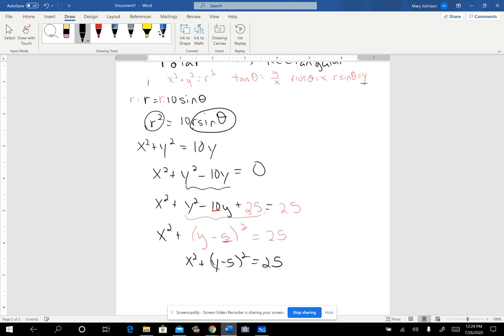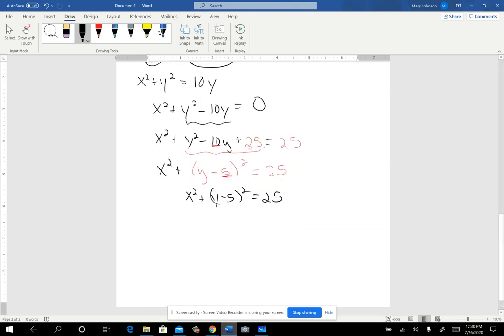Okay. All right, so there's an example of changing from polar form back into the rectangular coordinates. Let me think about it, I don't really want to do a bunch of these. What if the polar form was just r equals 4?